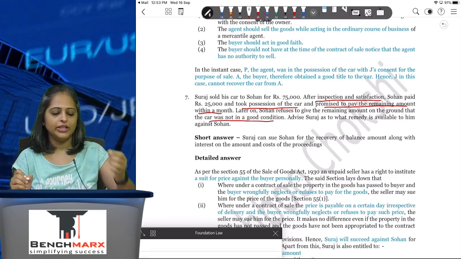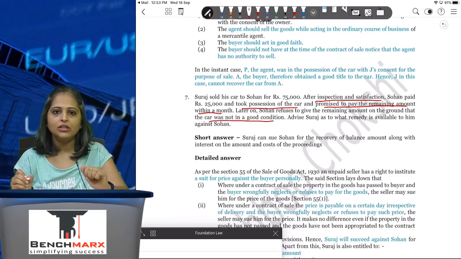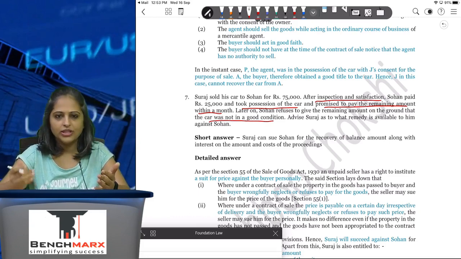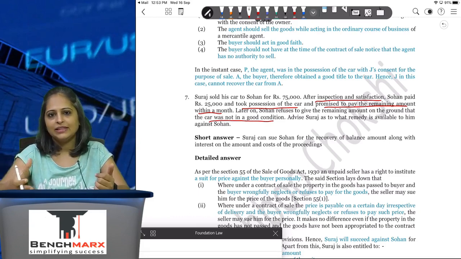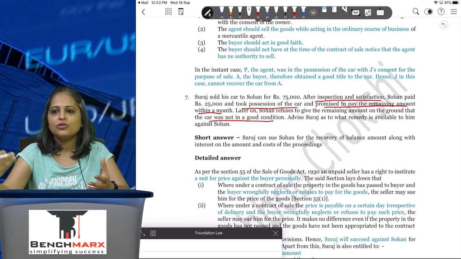Here the goods have already been given, the possession of the goods has already been given to the buyer of the car. So what remedy does Suraj have against Sohan is basically he can sue him for the recovery of the price of the car, the pending amount. He can also sue for recovery of the interest on the amount.